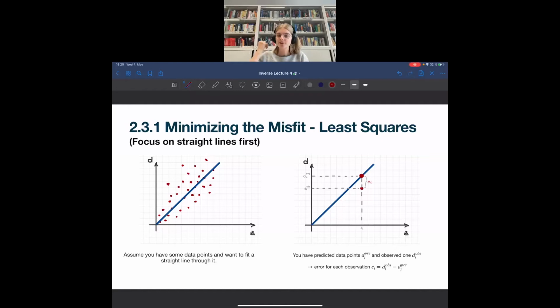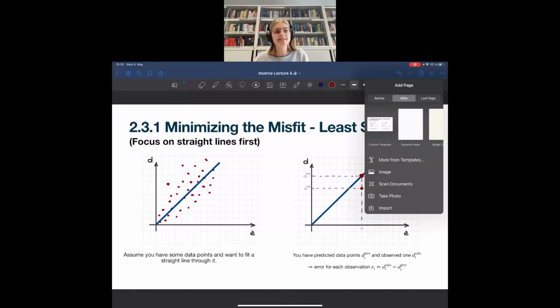But then we have the observed data points, and these are not necessarily the predicted data points. Therefore, there's a certain misfit between those two, and we call this misfit e_i. For each of the observations we have, we can define the misfit e_i as d_i observed minus d_i predicted. So this is basically what we start with.